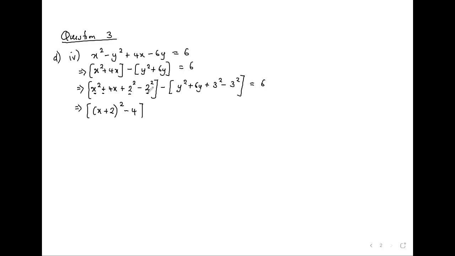Then minus y plus 3 squared minus 9 is equal to 6.